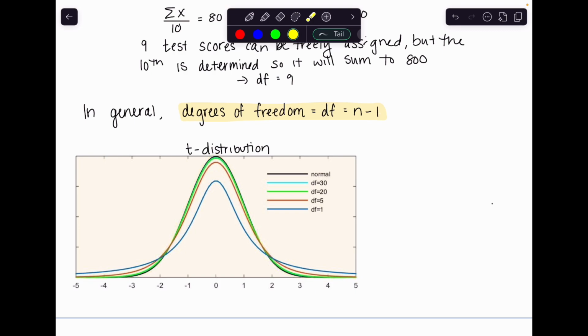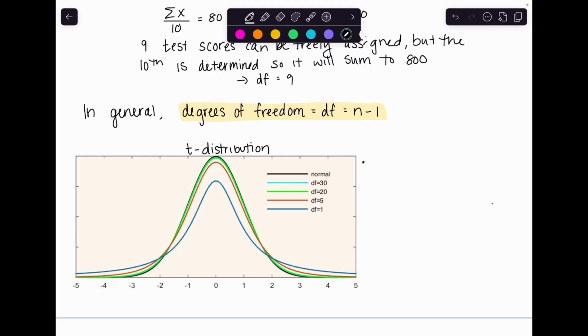When I have small data, my degrees of freedom is going to be smaller. So in this case here, my degrees of freedom is going to be 1, basically meaning I have 2 pieces of data. So you can see at the tail ends, you have larger amounts of data, but you still have a mean of 0 in the middle, and you still have symmetry to it.